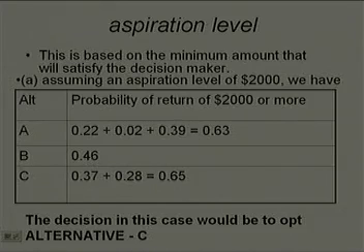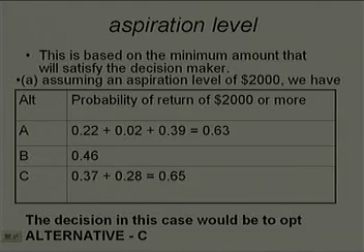So, this principle is based on the minimum amount that will satisfy the decision maker. If you try to define aspiration level, you can take this as a simple definition: what is the minimum amount that will satisfy you as a decision maker?